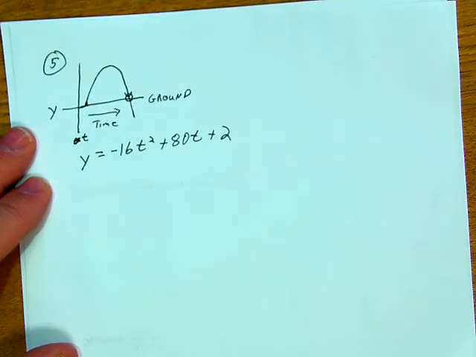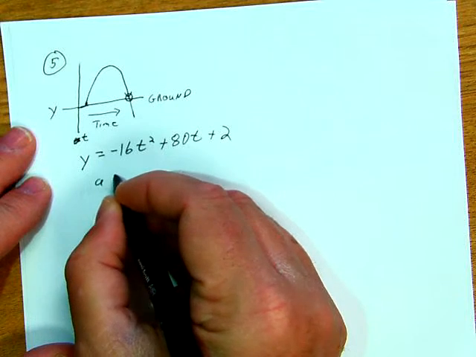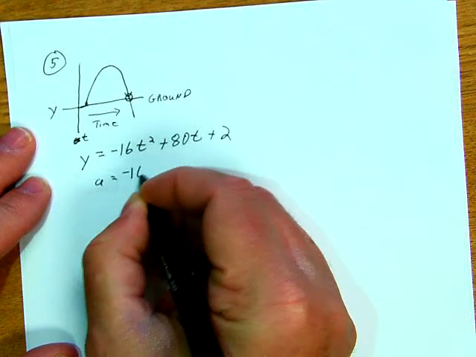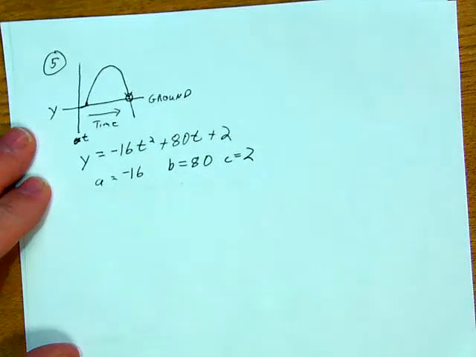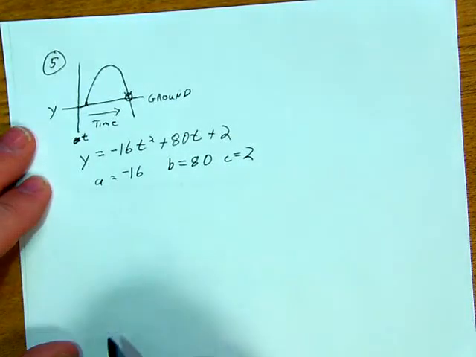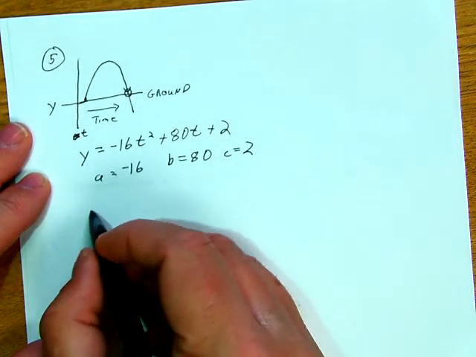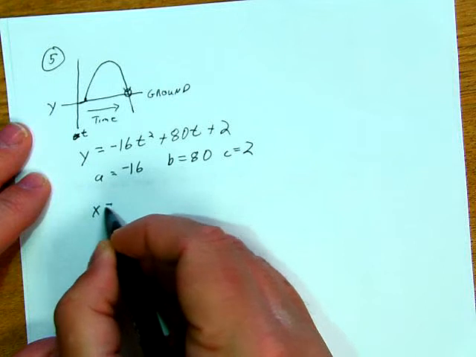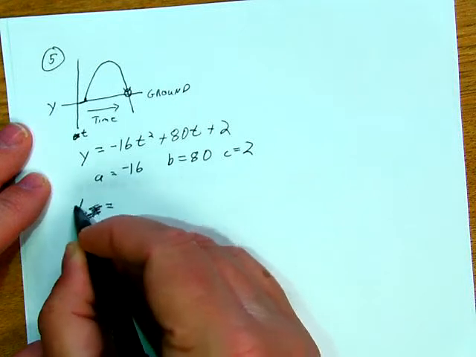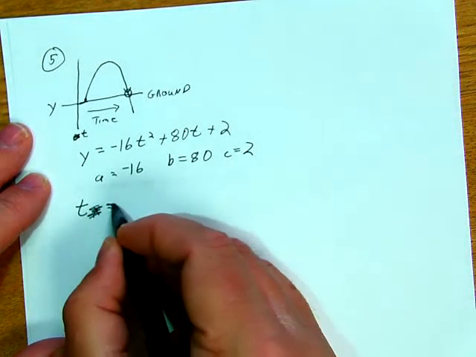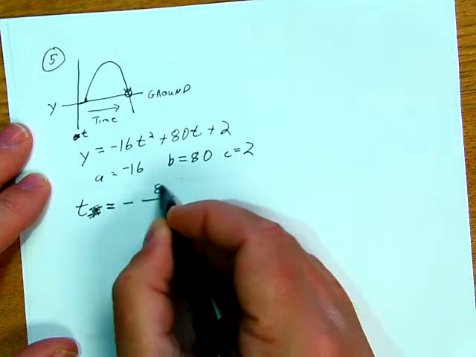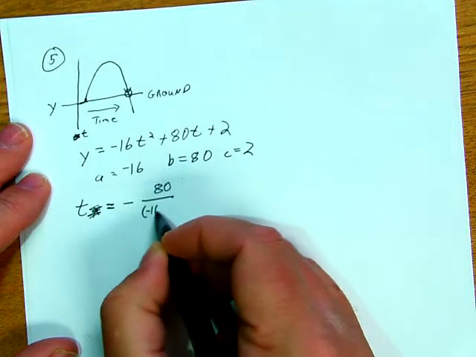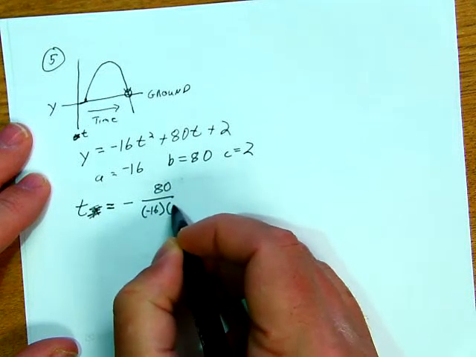So to do that, we first of all say a is equal to negative 16, b is equal to 80, and c is equal to 2. We then plug in our axis of symmetry equation. x is equal to, or in this case, t is equal to what? Negative 80 over negative 16 times 2.